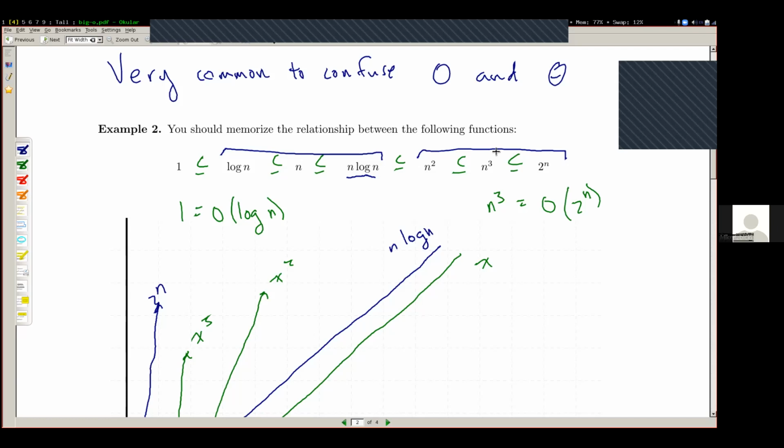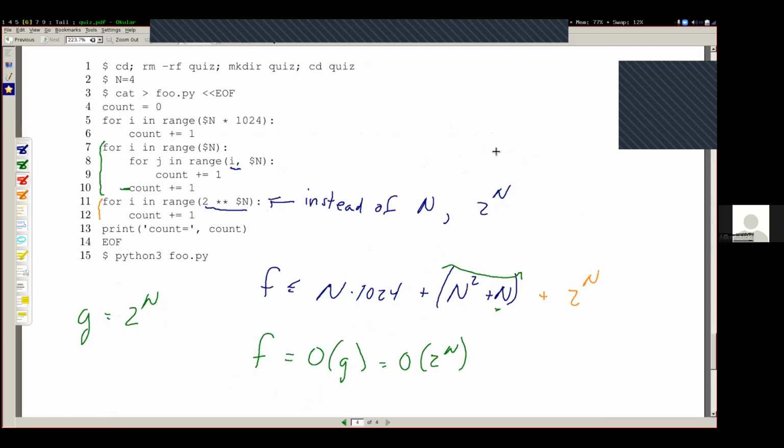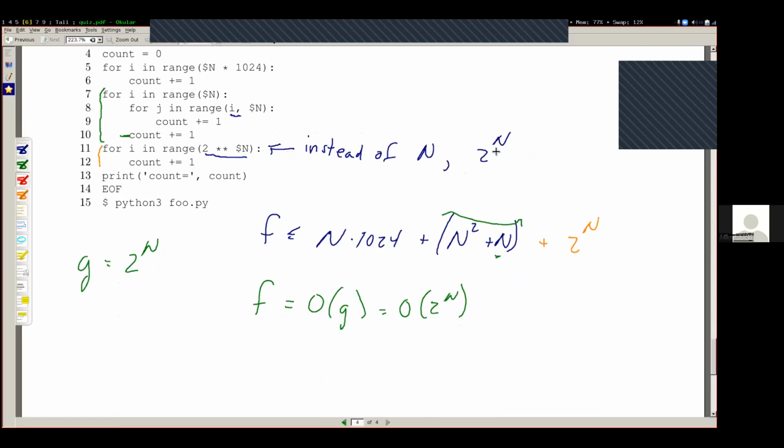Any questions? Yes. Yeah, so the question is, how did I decide that g should be 2 to the n over here? This is a little bit of an art that takes some practice, figuring out what's the best g value to pick when you're given an f function.